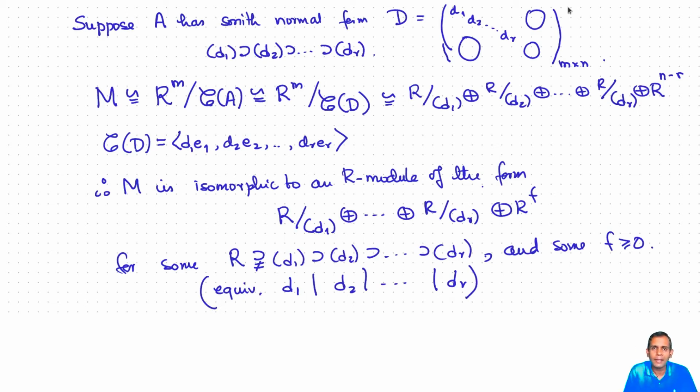We have seen that every finitely generated R module is a sum of R mod d1 plus ... plus R mod dr plus some copies of R. Now the question is: is this decomposition unique?